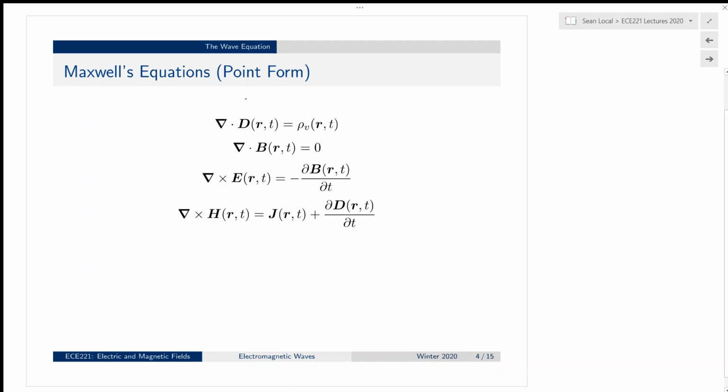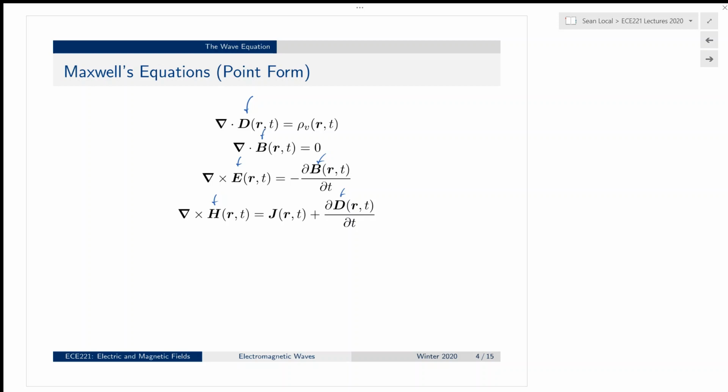For example, we have solved for the D and E fields when we looked at electrostatics from a charge distribution. We've also solved for the B field, or magnetic flux density, when we looked at magnetostatics. And we know that B and H and D and E are also related. So collectively, D, E, B, and H appear in Maxwell's equations and are the fields that we've been interested in trying to solve for in this course.